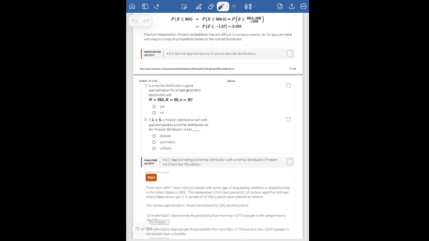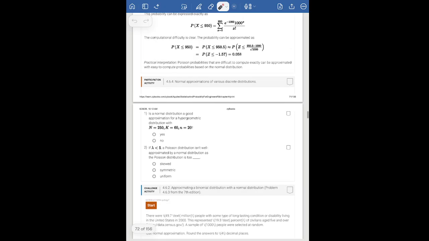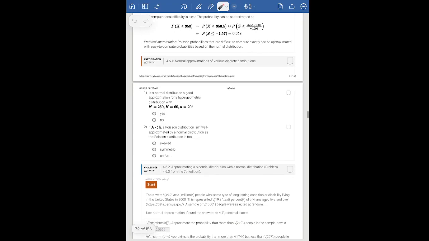So we have normal approximations of various discrete distributions, because the normal distribution, remember, is a continuous distribution, but the binomial, the hypergeometric, the Poisson, or the negative binomial, those are discrete distributions.